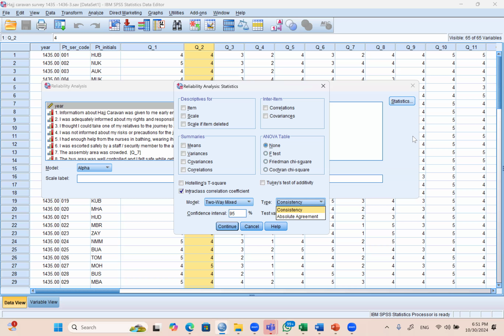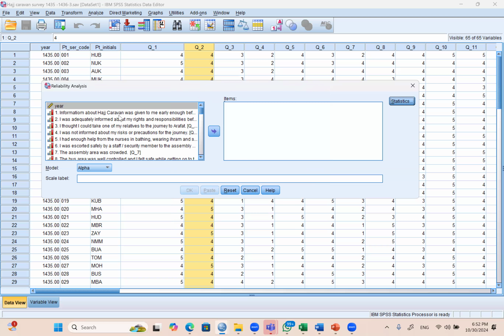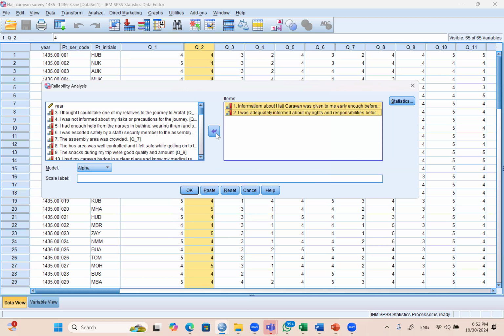Same. The same result. That's why we need to find absolute agreement. And we say continue. And we choose the 2 questions on the Likert scale. Now, again, we imagine that these 2 questions are the same question on 2 different occasions, and we say, okay.